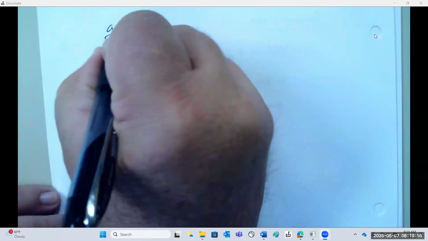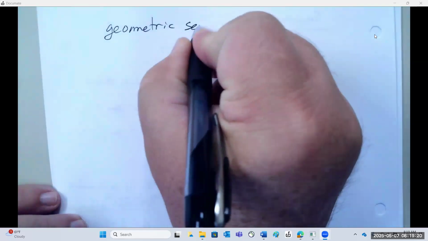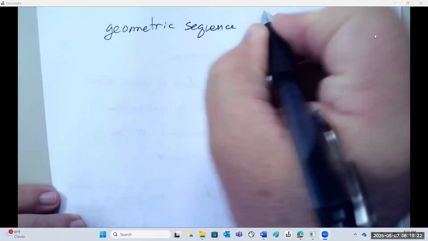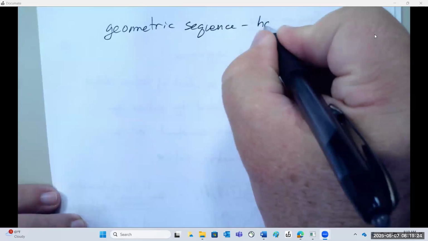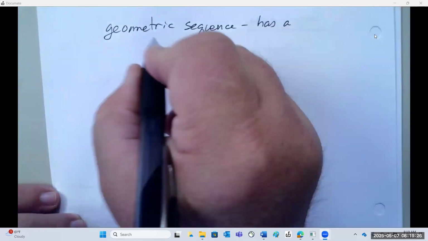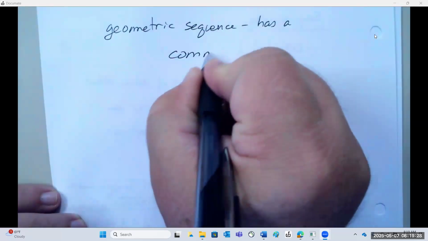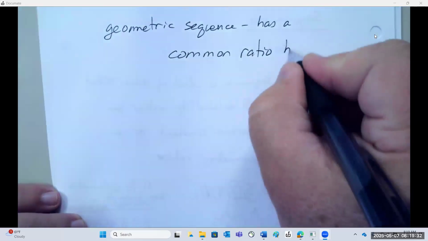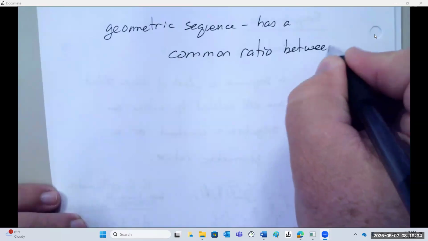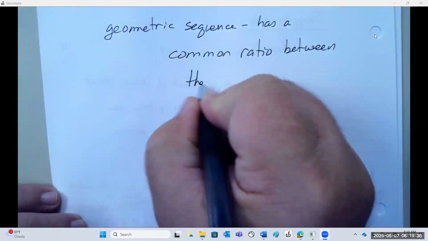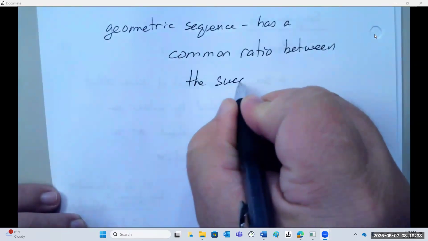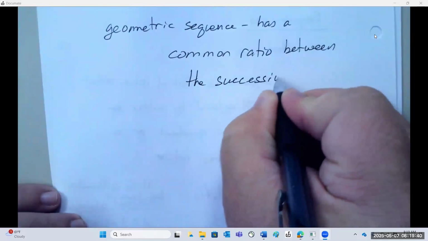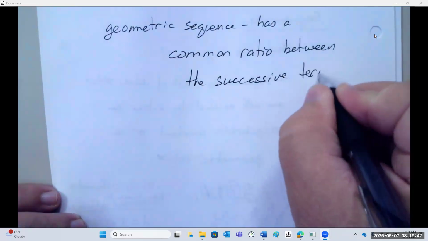A geometric sequence has a common ratio between the successive terms.